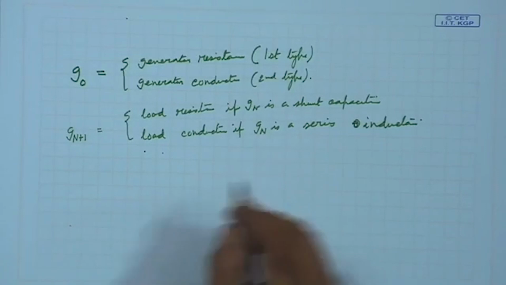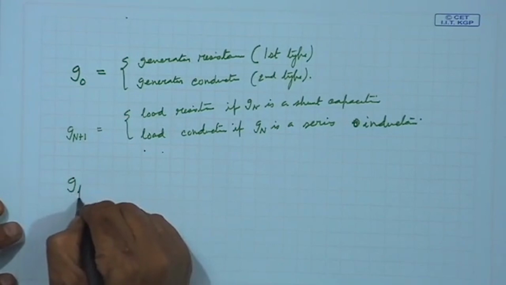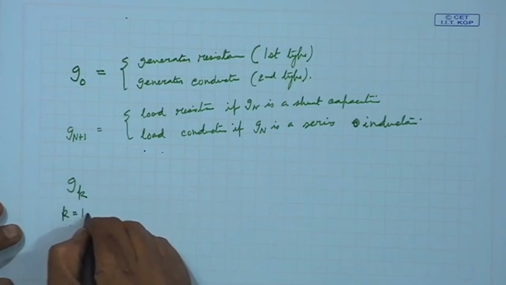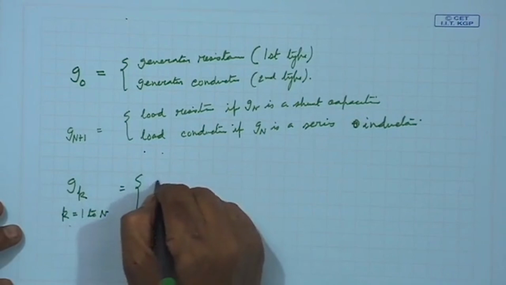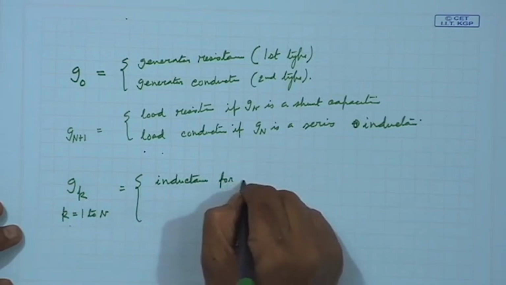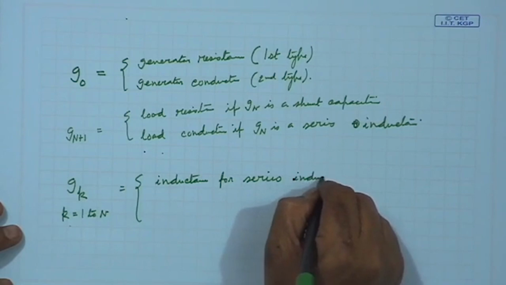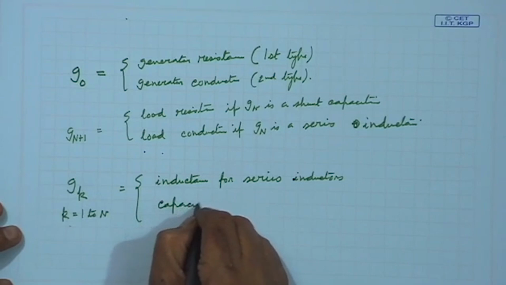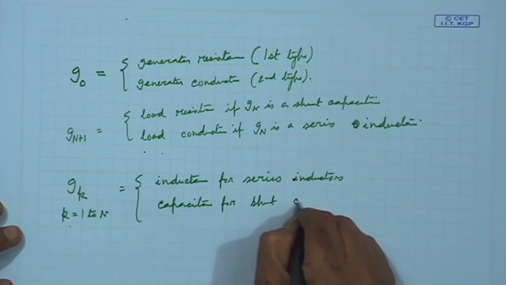Okay. And in general, these are the two end values. What is in between? Let us call that Gk, where k is varying from 1 to n. So, this is inductance for series inductors and capacitance for shunt capacitors.